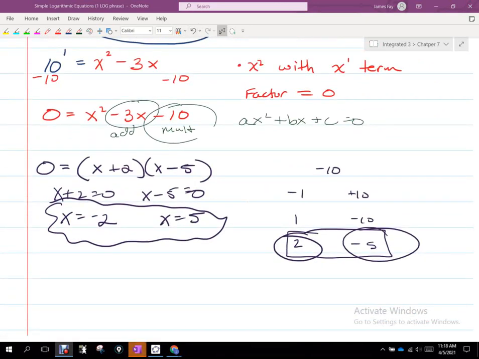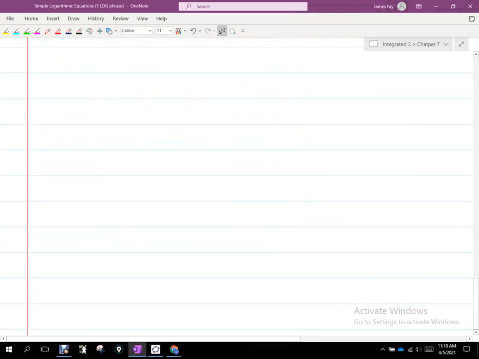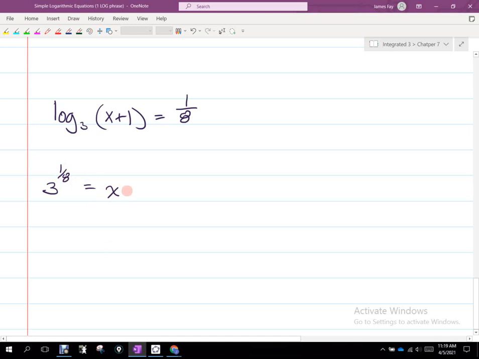So if we've got something like log base 3 of x plus 1 equals 1/8, something like that. I'm just going to take 3, raise it to the 1/8 equals x plus 1. A lot of the time I would assume the problem they give you is probably going to be a nice value that you can evaluate easier.